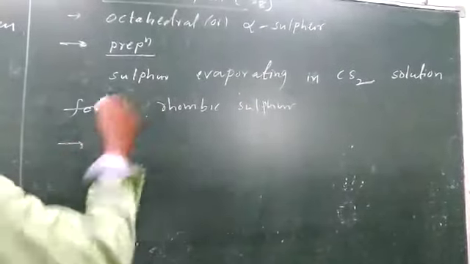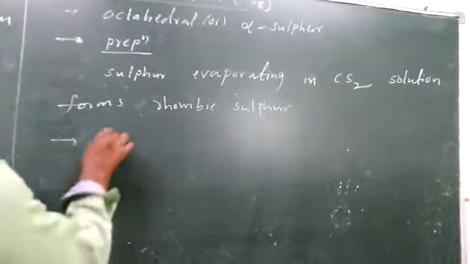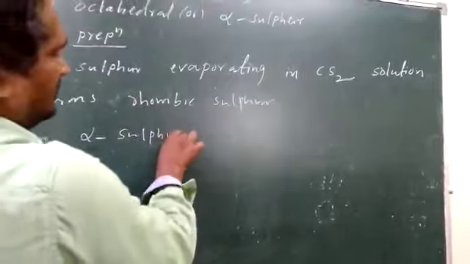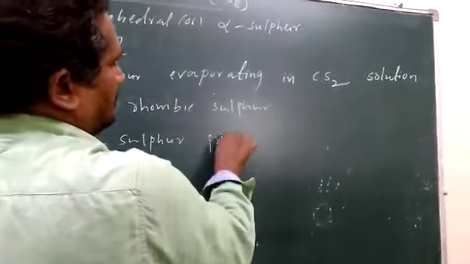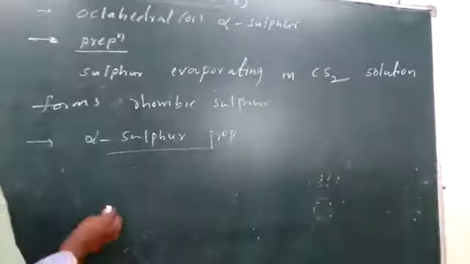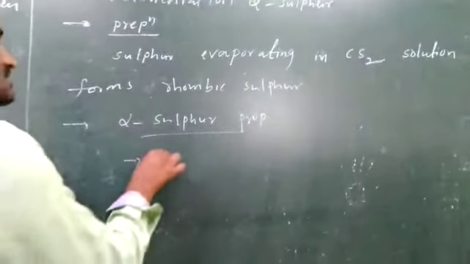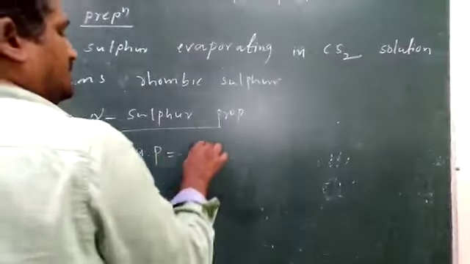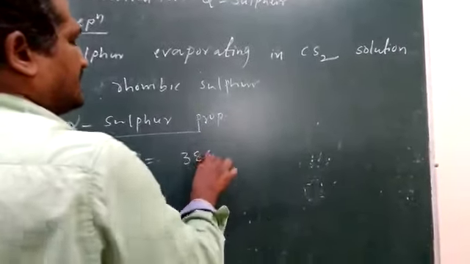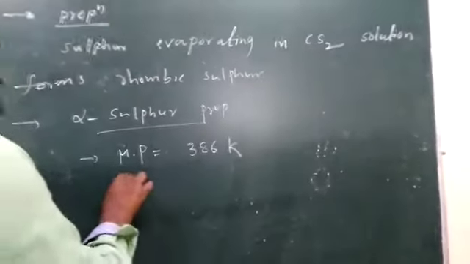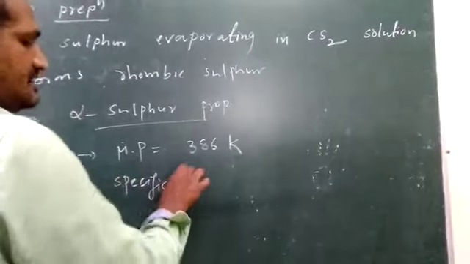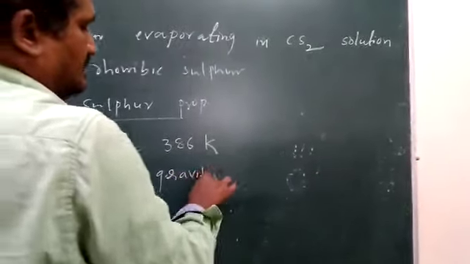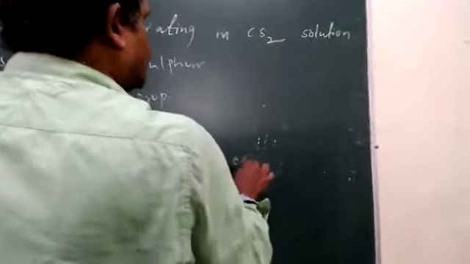So this rhombic sulfur, alpha sulfur, properties. Its melting point or freezing point is 386 Kelvin, and the specific gravity is 2.06.